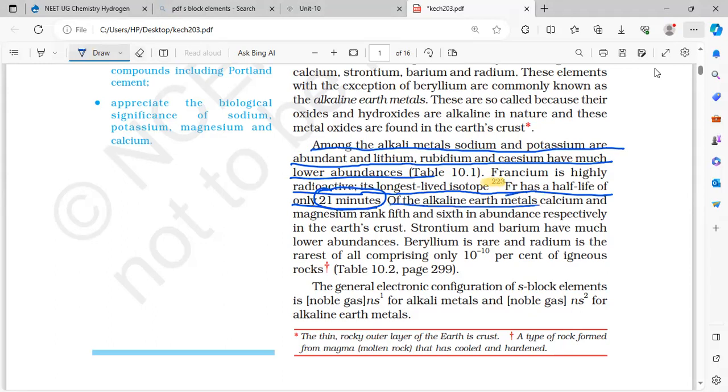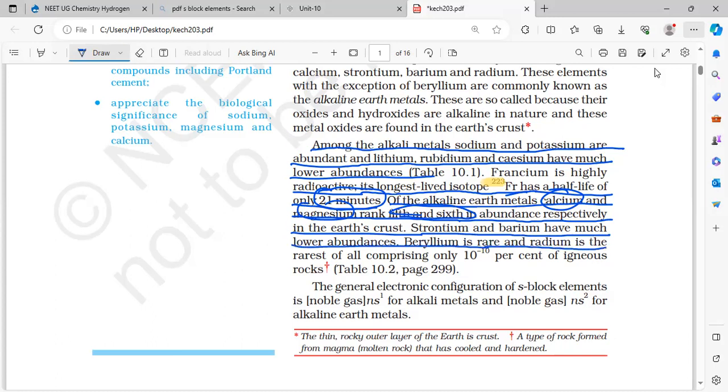Of the alkaline earth metals, calcium and magnesium rank 5th and 6th in abundance in the earth's crust. Strontium and barium have much lower abundance.